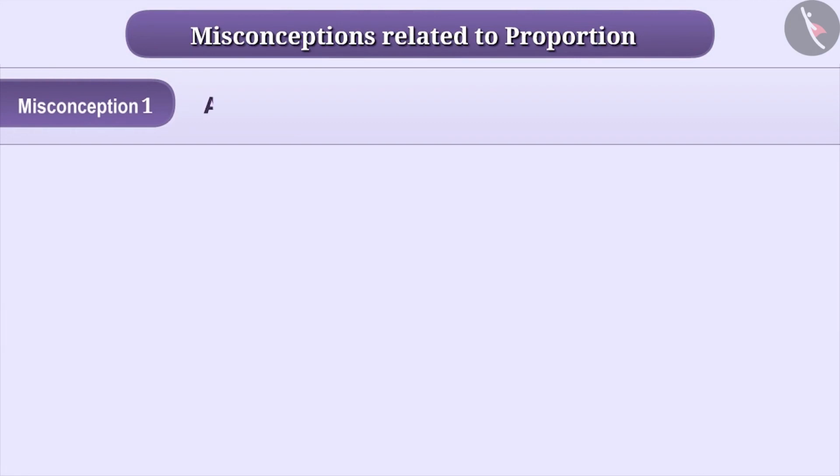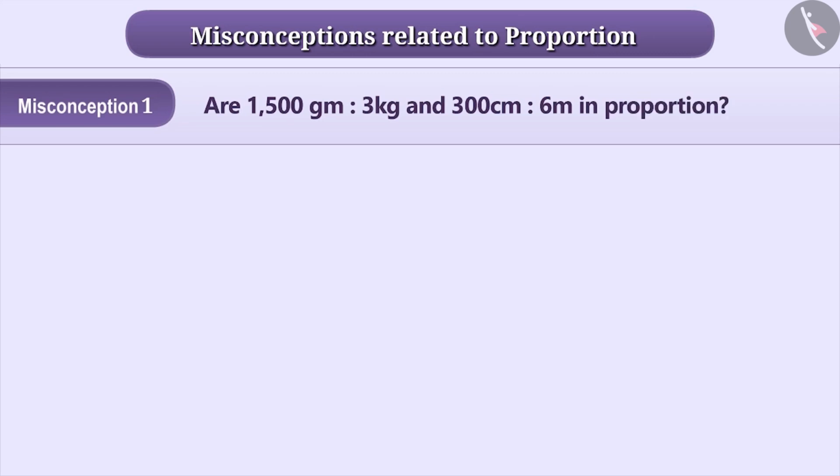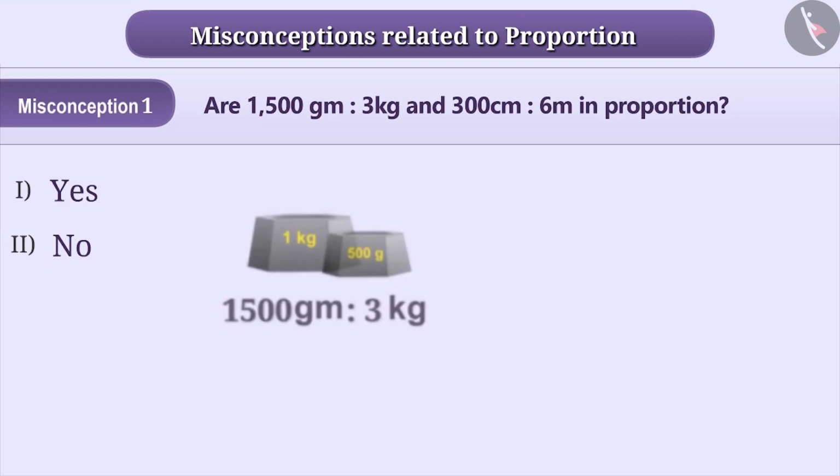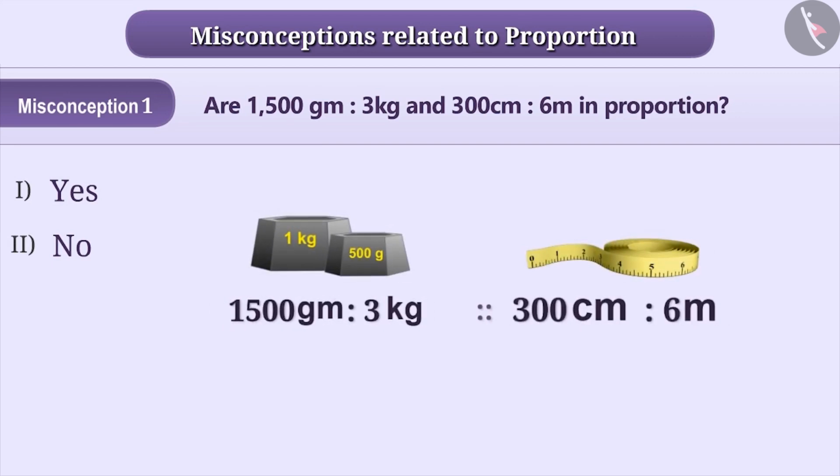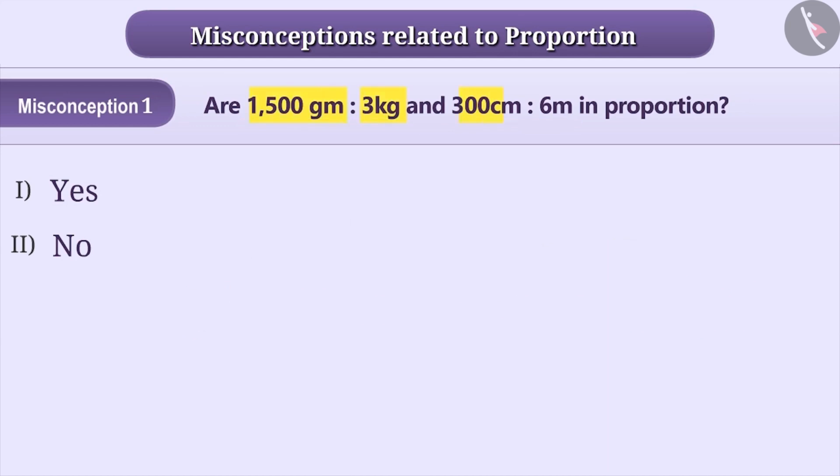Misconception 1. Are 1500 grams is to 3 kg and 300 centimeter is to 6 meter in proportion? Some students misunderstand that the ratios of two different quantities cannot be in proportion. In the given situation, they think that the ratio of weight and distance cannot be in proportion. Similarly, some students simply ignore the units.